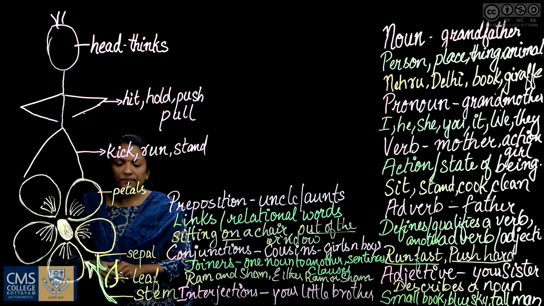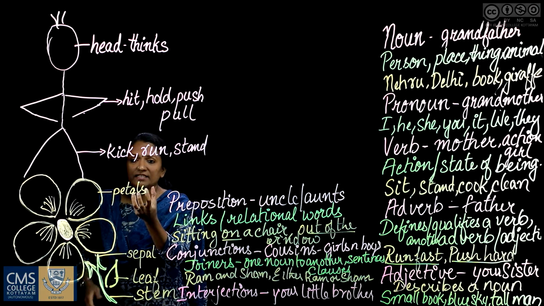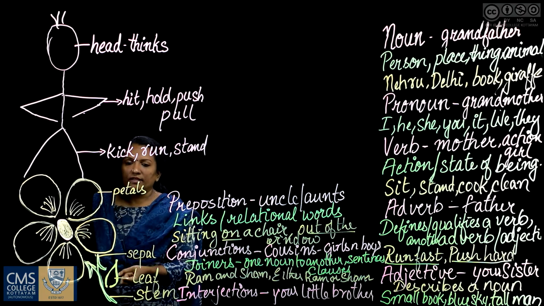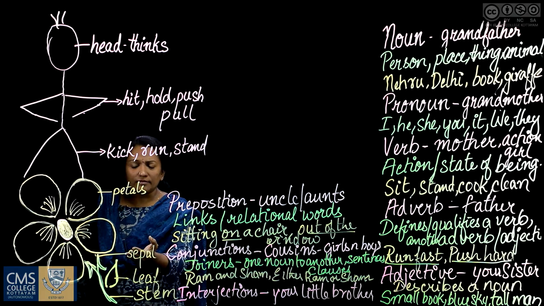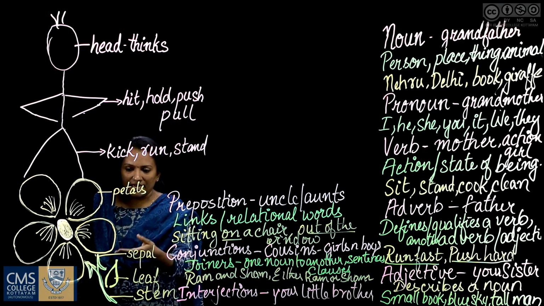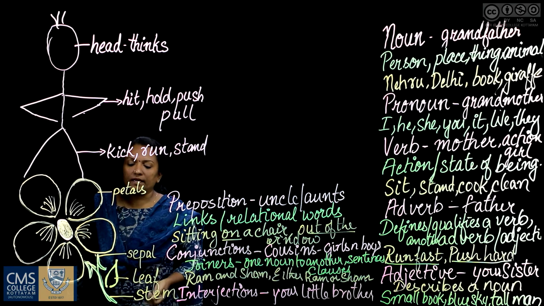The sepal, in fact, is a kind of protective cage for the reproductive organs of the flower, of the plant. The leaf, you know how you've learnt about photosynthesis and how the leaf carries forward the life of the plant.